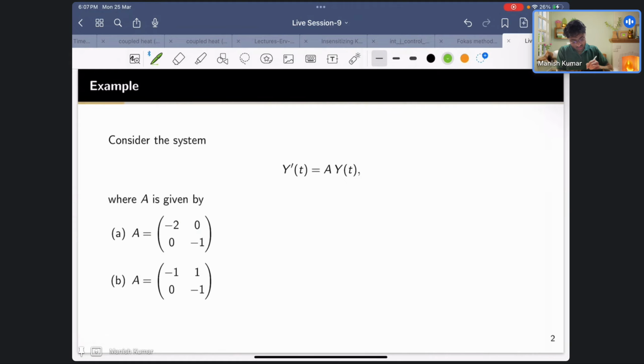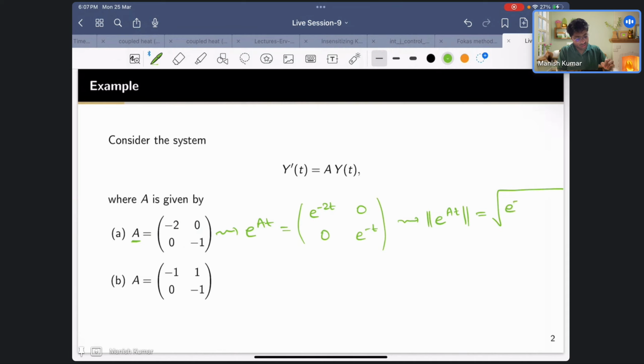Suppose you have this A. Now you already know the exponential of this matrix. The exponential e^{At} will be given by e raised to the power minus 2t, 0, 0, e raised to the power minus t. This is the exponential of At, where the A matrix is this diagonal matrix. In this case, if you want to calculate the norm of e^{At}, you just take the square of all the entries.